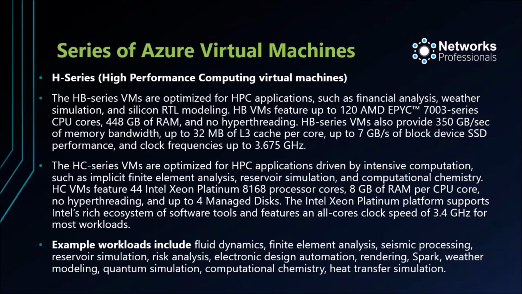HC VMs feature 44 Intel Xeon Platinum 8168 processor cores, 8 GB of RAM per CPU core, no hyper-threading, and up to 4 managed disks. The Intel Xeon Platinum platform supports Intel's rich ecosystem of software tools and features on all cores clock speed of 3.4 GHz for most workloads.